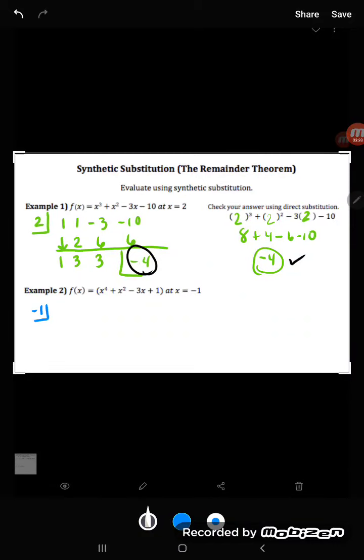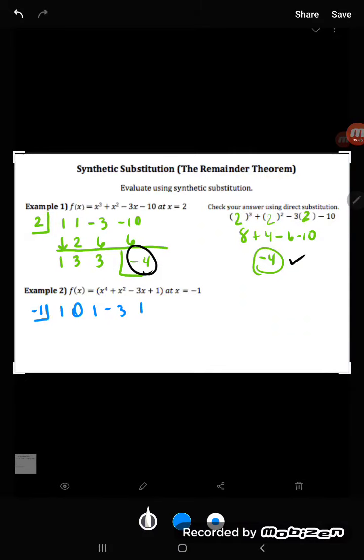I'm going to bring down my coefficients. I have a 1. I have a 0. I have a 1, a negative 3, and a 1.